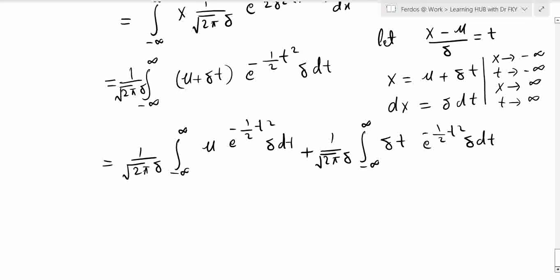So in this step I wrote the whole function with mu once and then with sigma t.